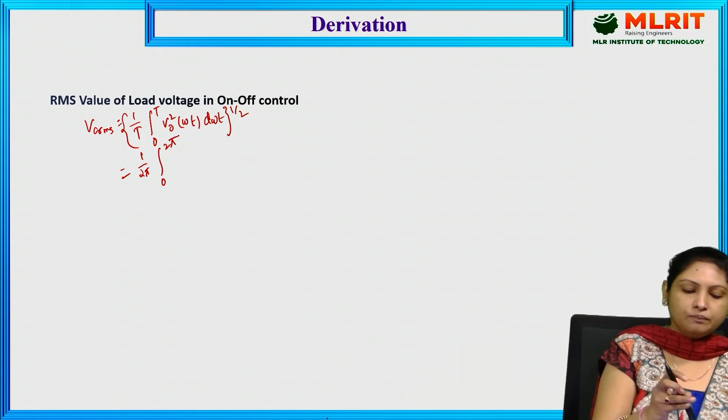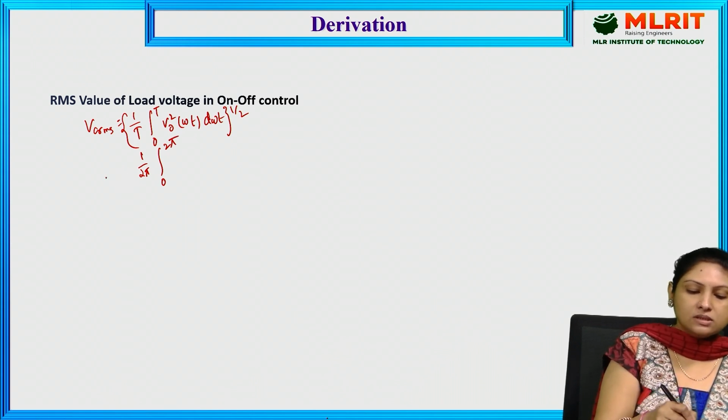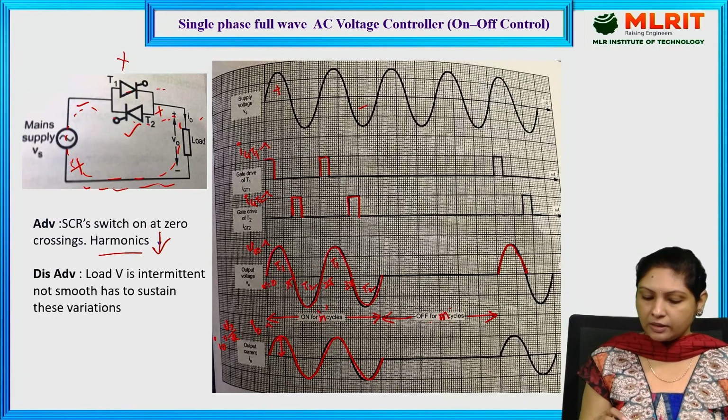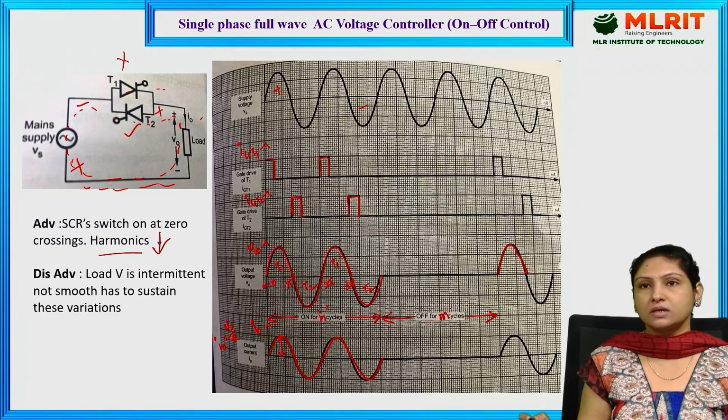Since this is on-off control, the SCRs remain on for n number of cycles and remain off for m number of cycles.